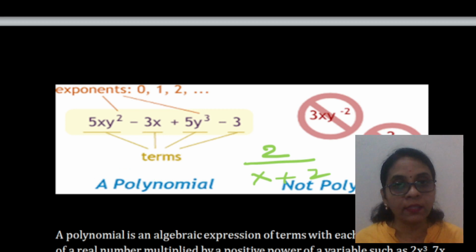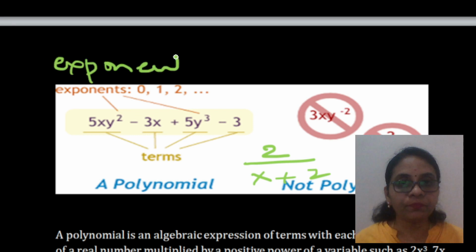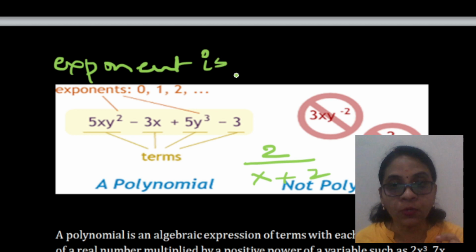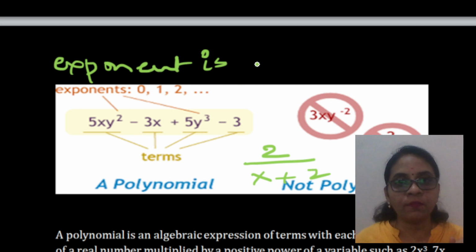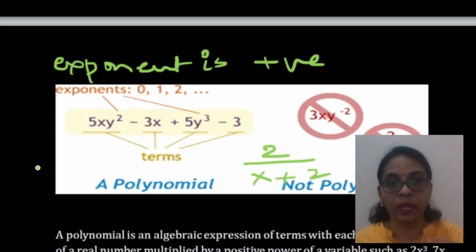It's mentioned here that the first example is a polynomial. Why? Because every exponent is positive. What did I ask you to remember? Polynomial is positive. So, exponent is positive, therefore, it is a polynomial.